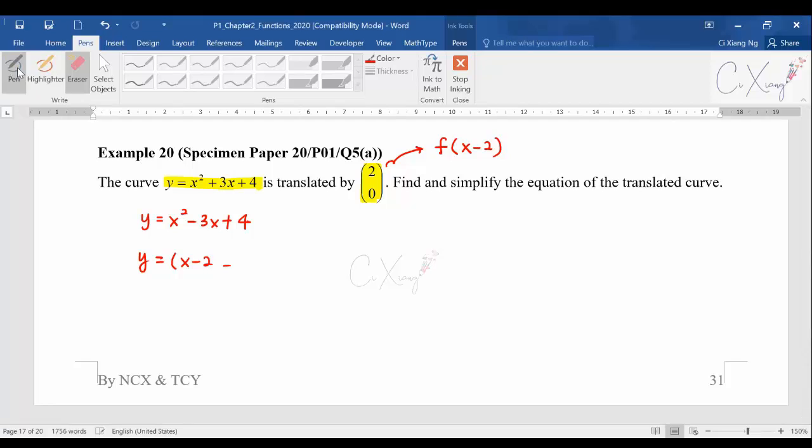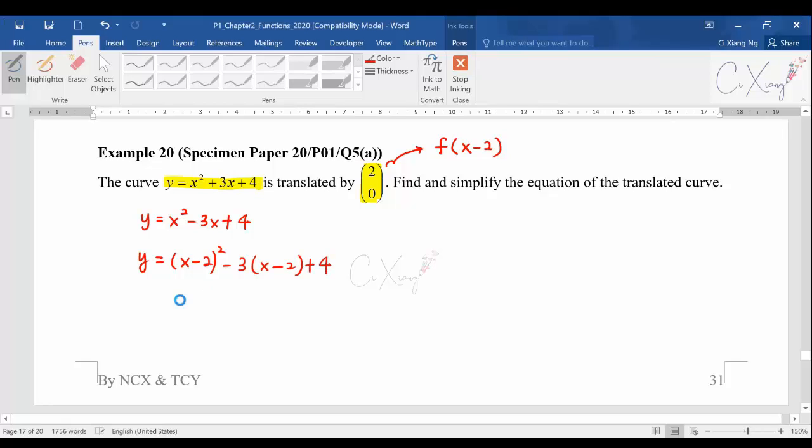So I'm having this one: (x minus 2) squared, minus 3 times (x minus 2), plus 4. If I try to expand everything, x squared minus 4x plus 4. When you expand everything, you'll get another new equation here.